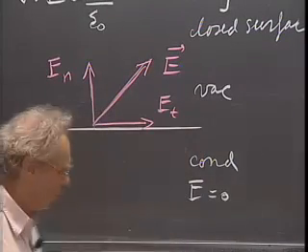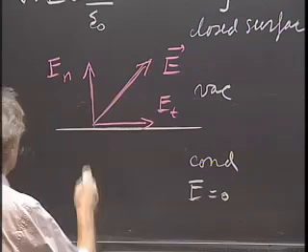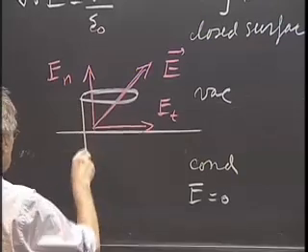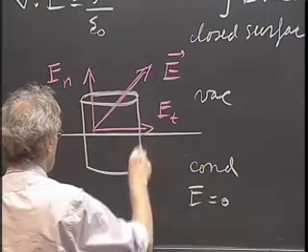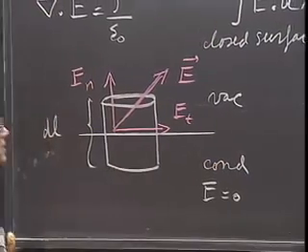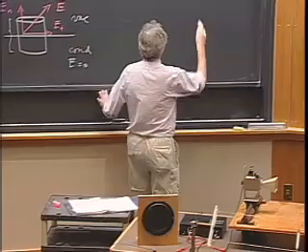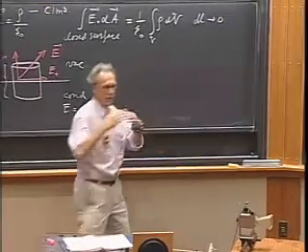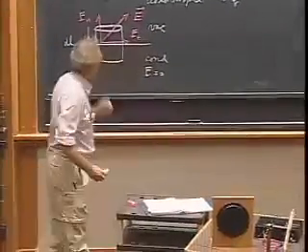And so now I'm going to make my pillbox, and so here is my pillbox. The height of the pillbox is dl, and in my calculations I'm going to go to the limiting case that dl goes to 0 so that I get the conditions at the surface.